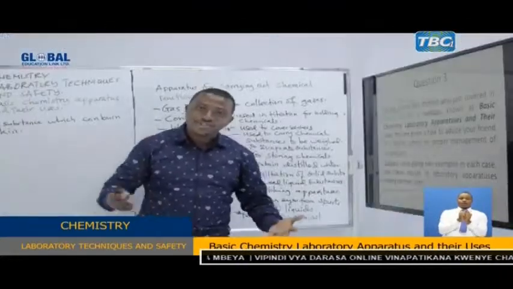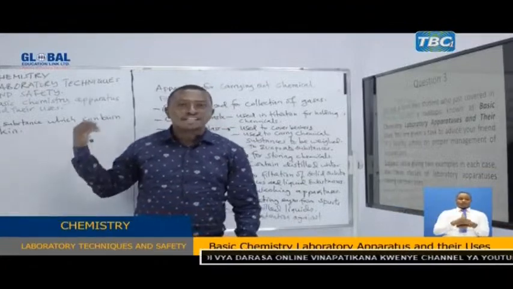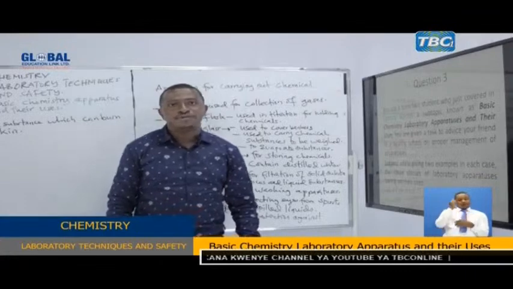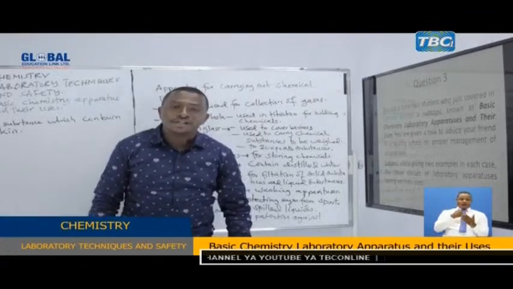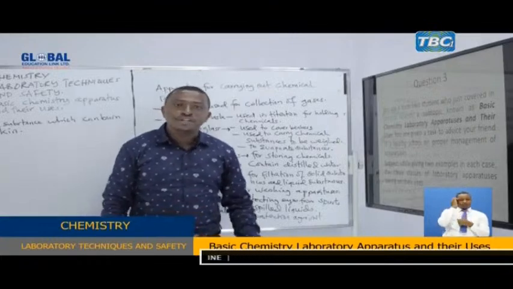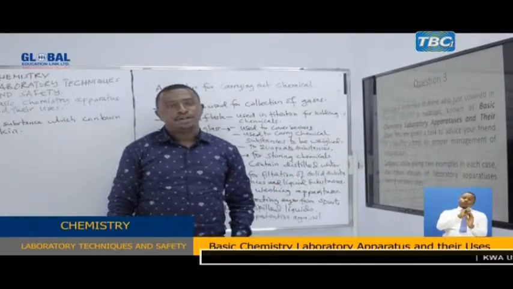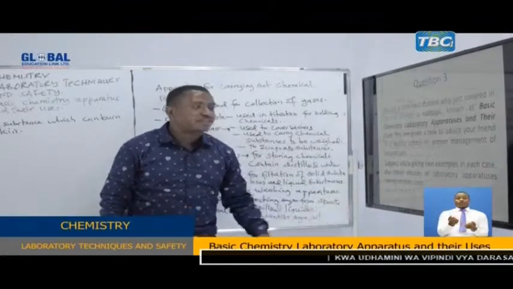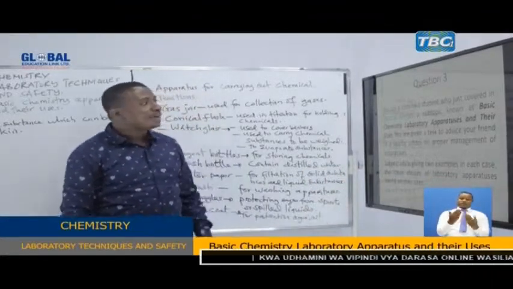Class, dear student, those are the things that we have been discussing. We discussed several classes of basic laboratory apparatuses. Now I think you are in a position to respond to that kind of question. This is also an assignment that you should perform at your home place. Let us see question number 4.